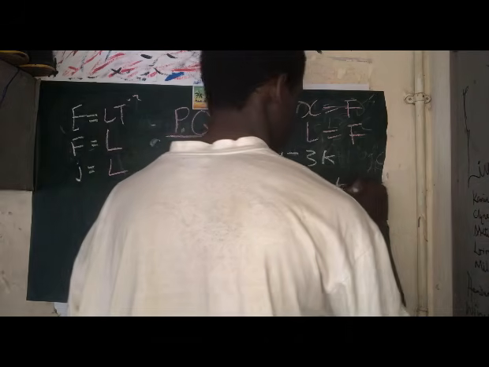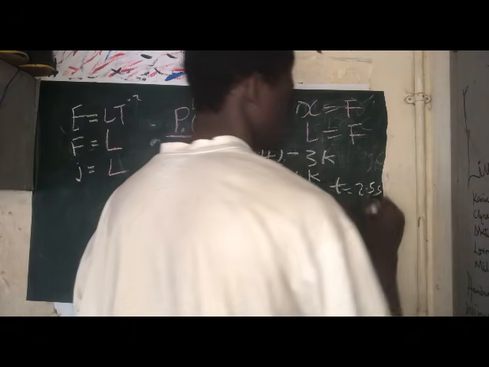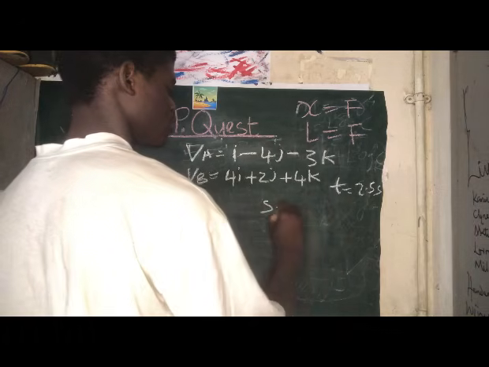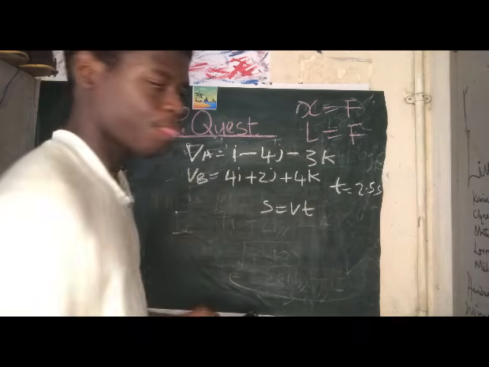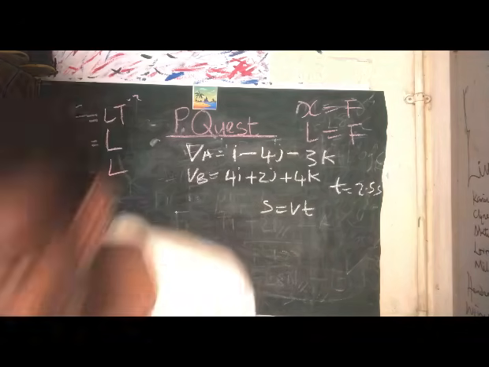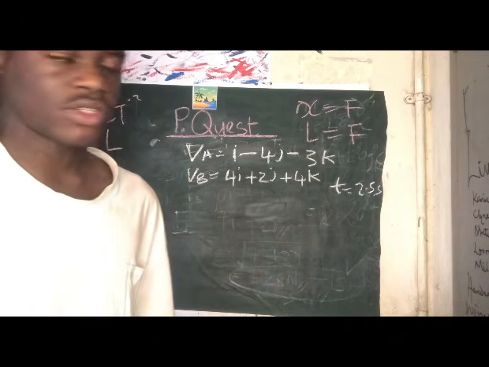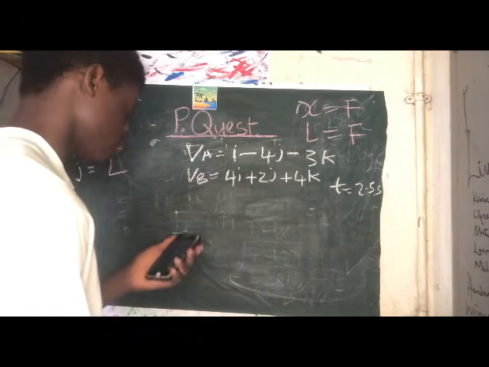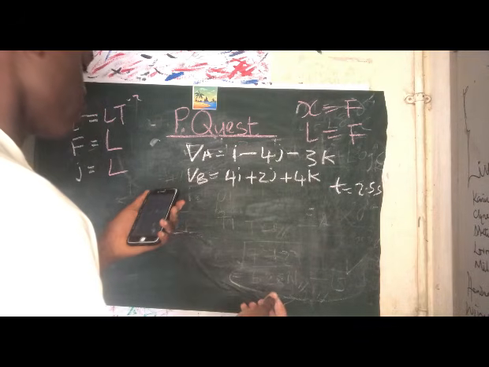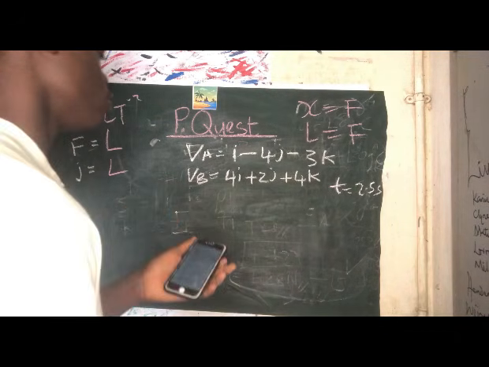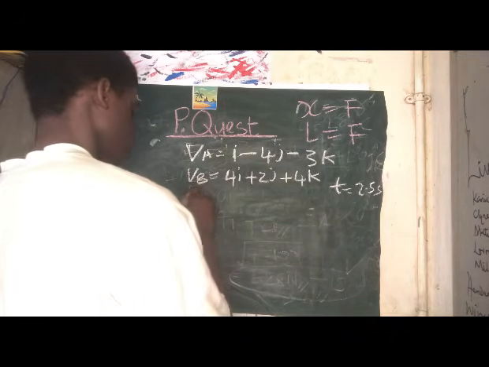That time is 2.5 seconds. So find the distance. You all know the distance is velocity times time. But before we use this formula, we need to find the resultant velocity. And to find the resultant velocity, since it moved from one place to another, the resultant velocity is just like relative velocity.